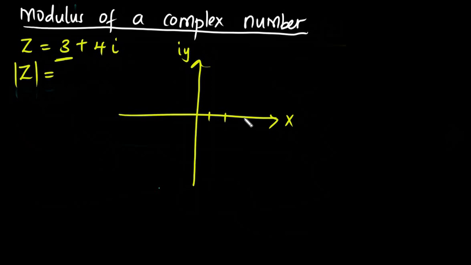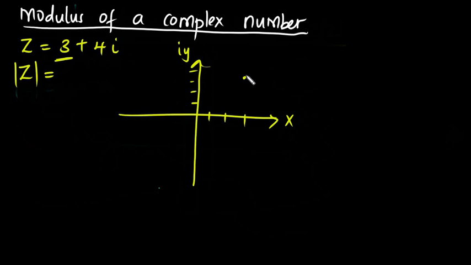So 1, 2, 3, and then 4 units on the imaginary axis. So let's have 1, 2, 3, 4. So our complex number is going to be mapped somewhere here.